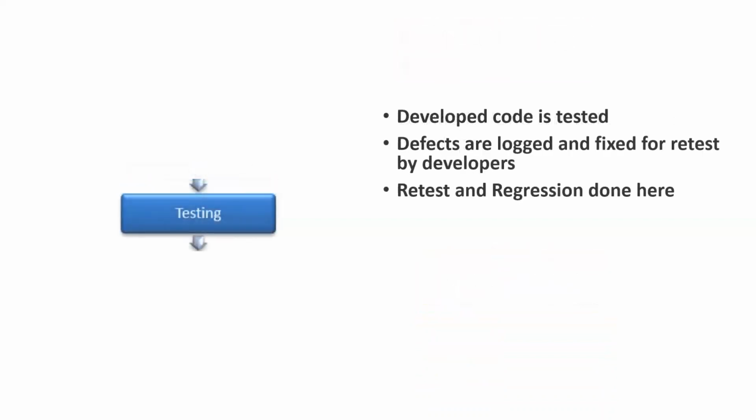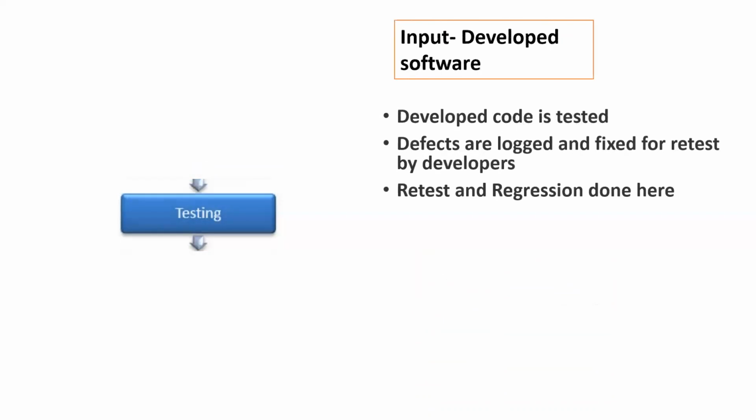So for the testing phase, your developed software will be your input, and here your developed code will be tested, and defects are logged and sent to the developers, and developers will be sending it back to us. If I raise a bug and assign it to a developer, that developer obviously should fix it, and it will not just be sent to production.